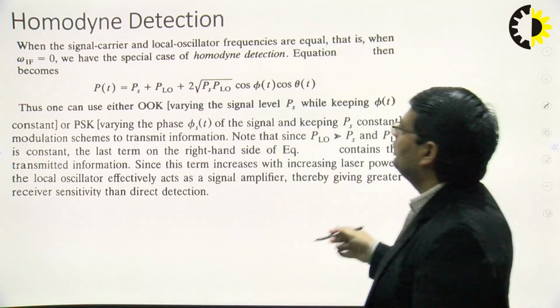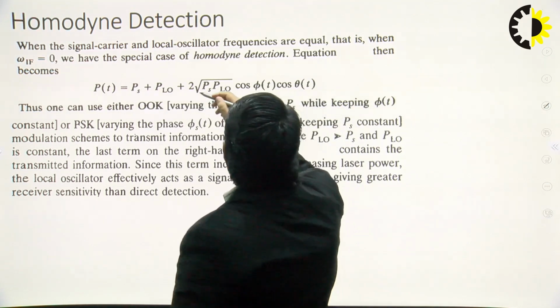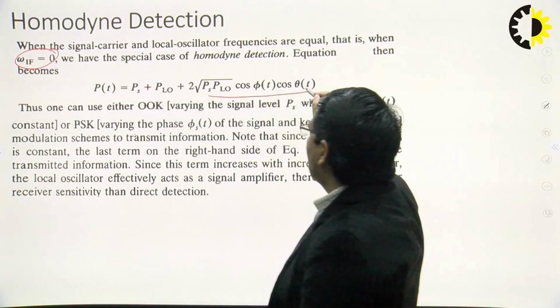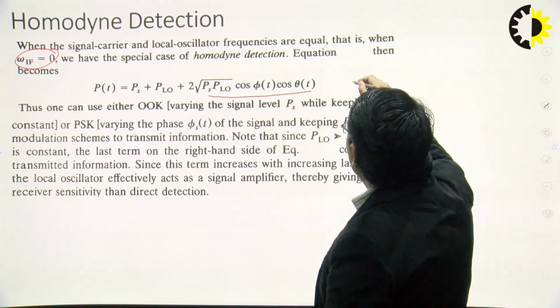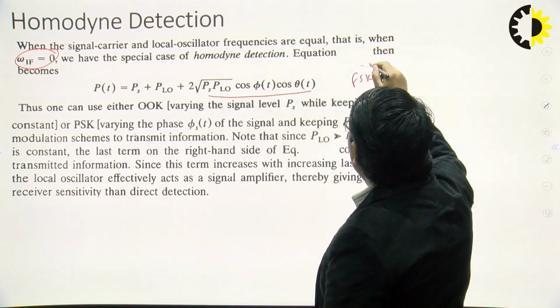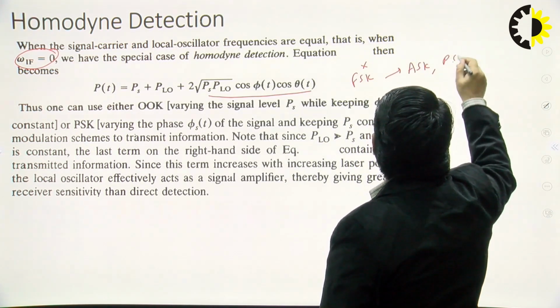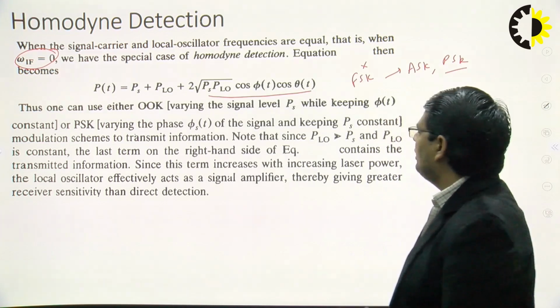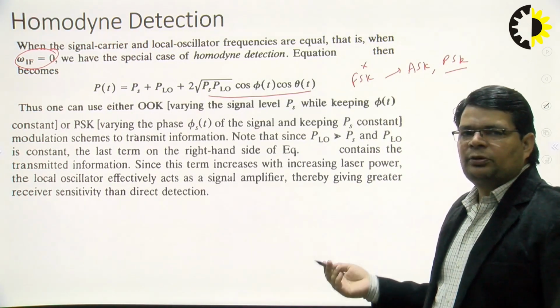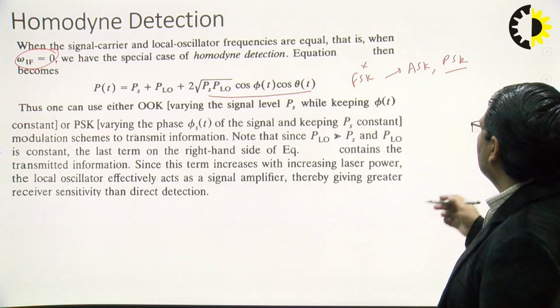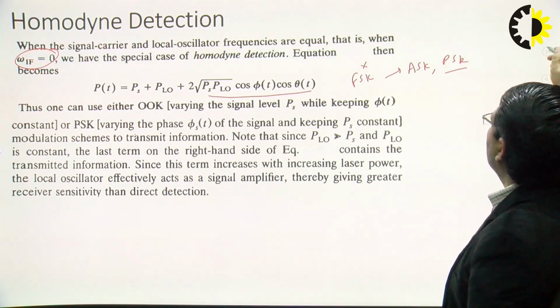We can see that in the homodyne, when the intermediate frequency is equal to 0, there is no frequency term, so FSK cannot be applied there. We can apply only either ASK or PSK, and in this case the performance will be better and sensitivity will be more, but a tuning circuit or PLL will be required.